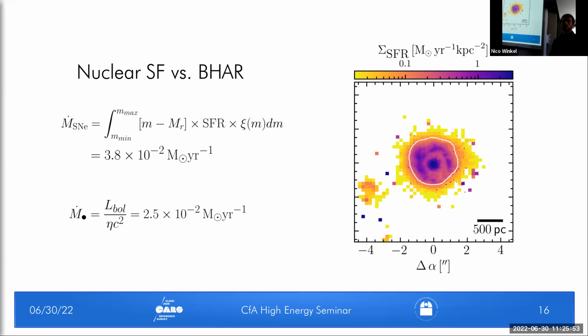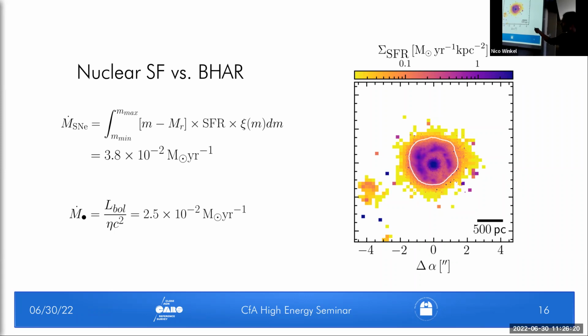So stars evolve. They go supernova, they inject winds, energy and momentum into the ISM, and we compute a mass flux rate from this by integrating over all the mass that is ejected by massive stars, except some remnant mass, and multiplying this with the star formation rate and weighting by the initial mass function.